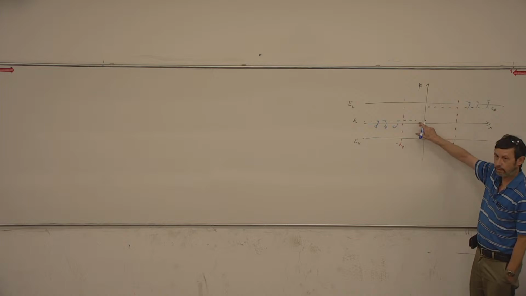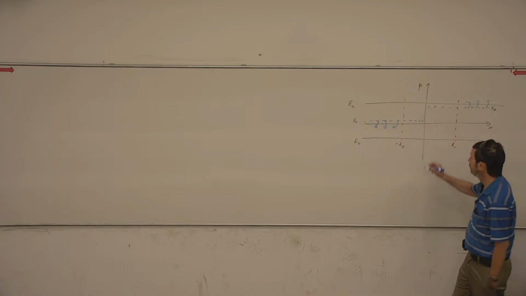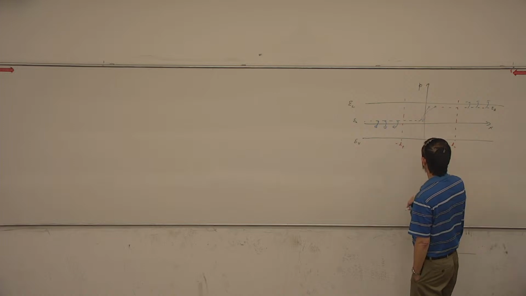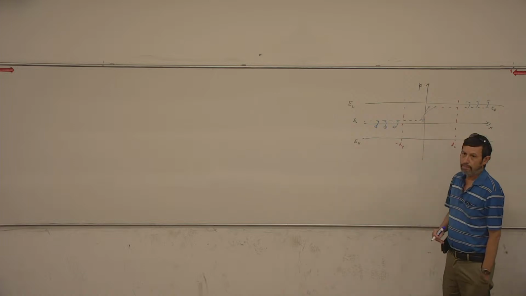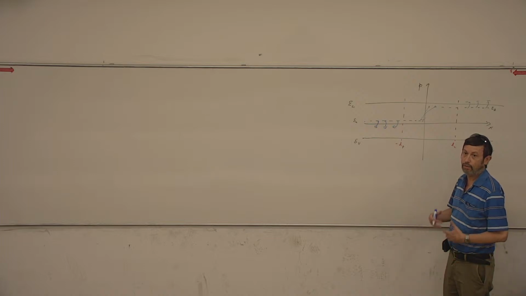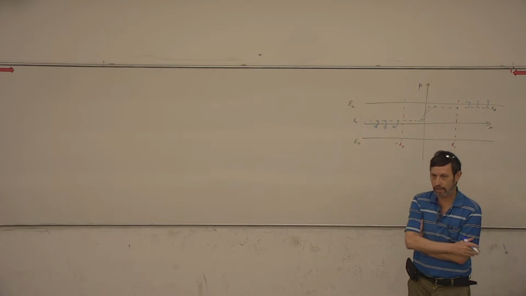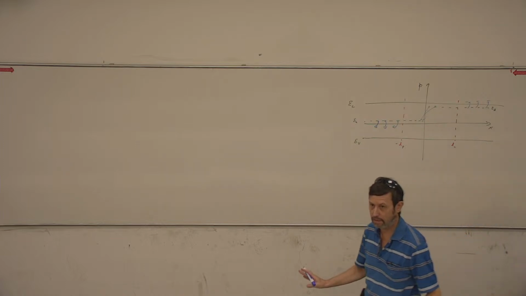They move to the acceptor states. Why? Because the difference in energy here is large. But at some point they can't continue this game because it costs too much electrostatic energy. That's the physics.